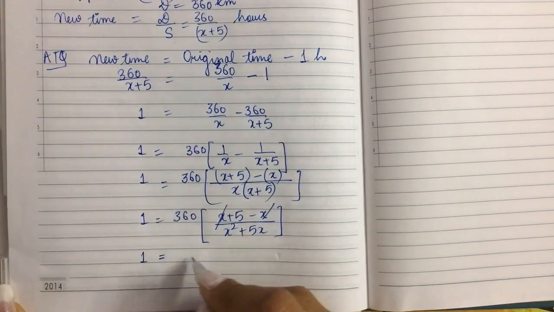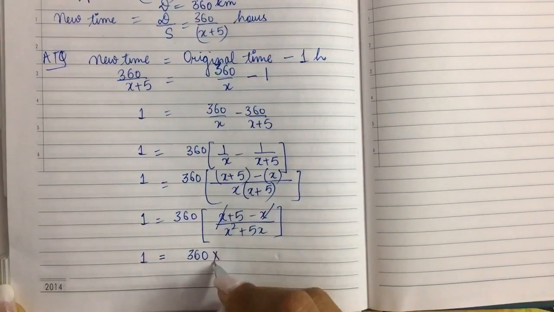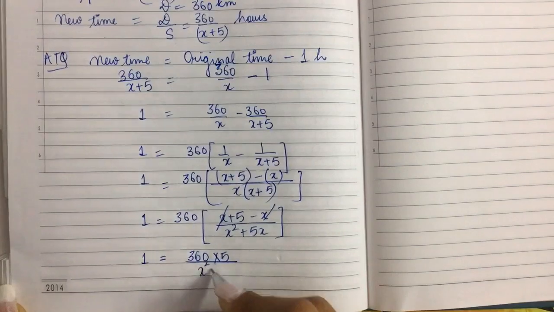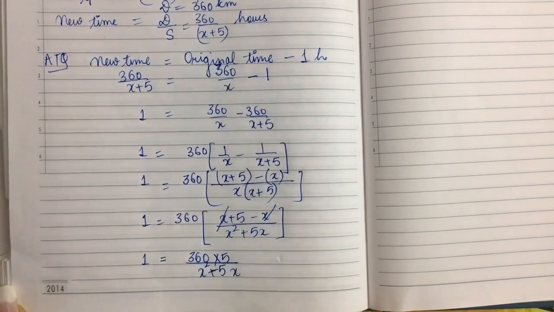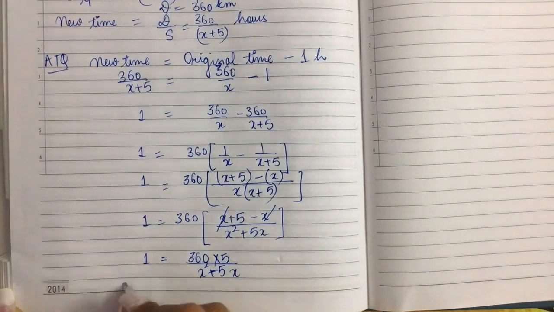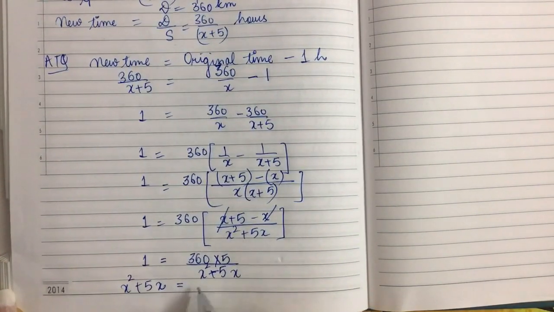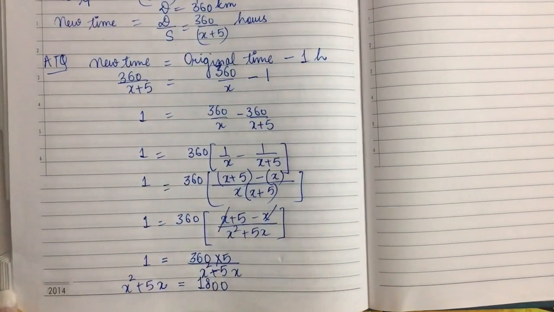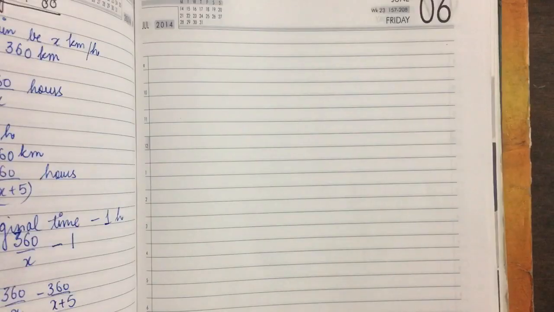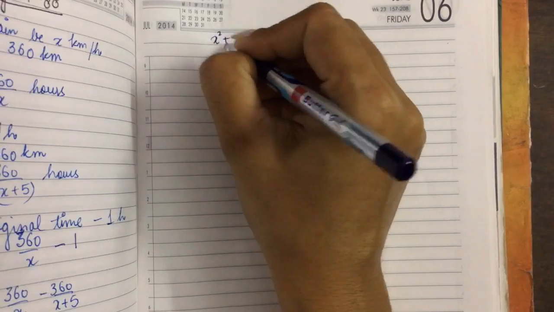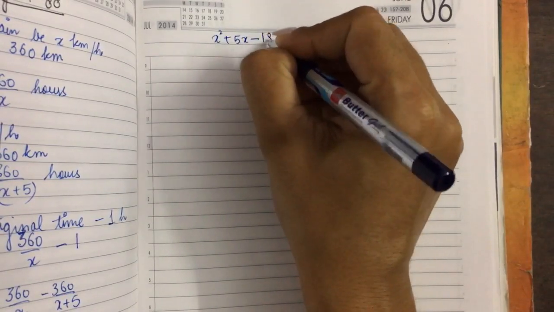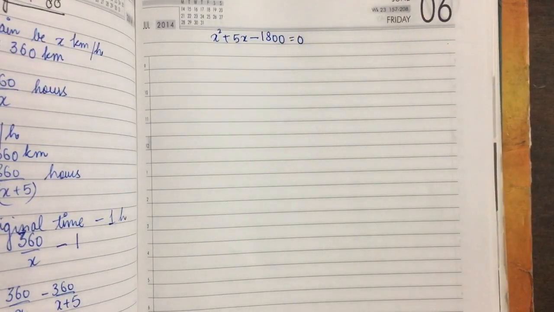This is 1 equals 360 multiplied by 5 over x square plus 5x. Cross multiplying, we get x square plus 5x equals 1800. So my quadratic equation becomes x square plus 5x minus 1800 equals 0.